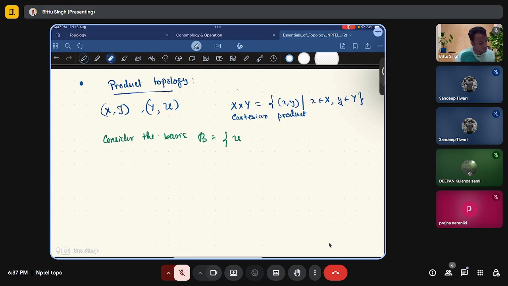Here I should not write script U because I am also using it, so let me denote it by tau dash, otherwise there will be some notational issue. So U cross V, those kinds of open sets where U is open in tau, that is U belongs to tau, and V is another open set in tau dash.